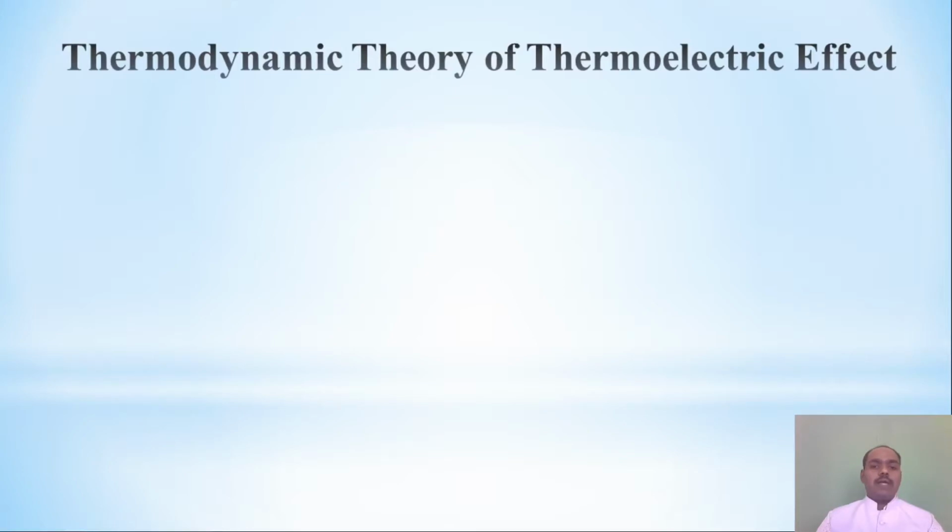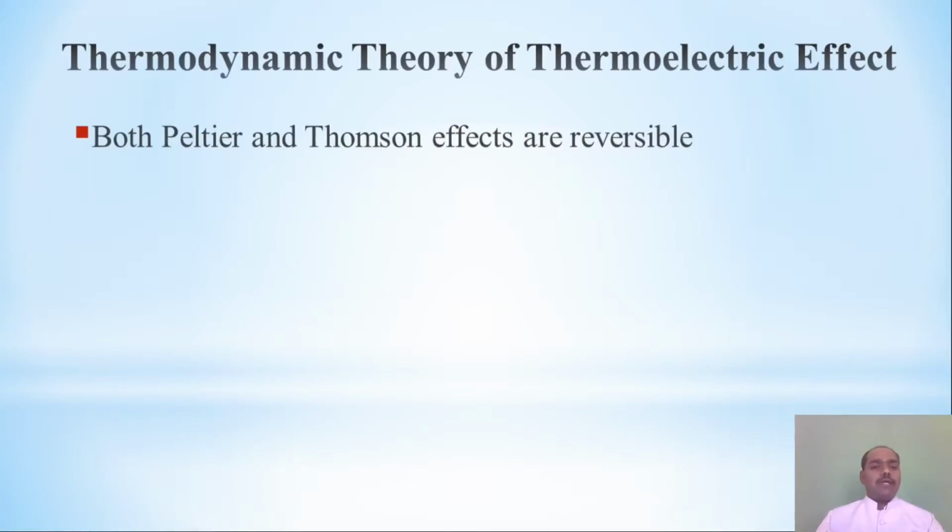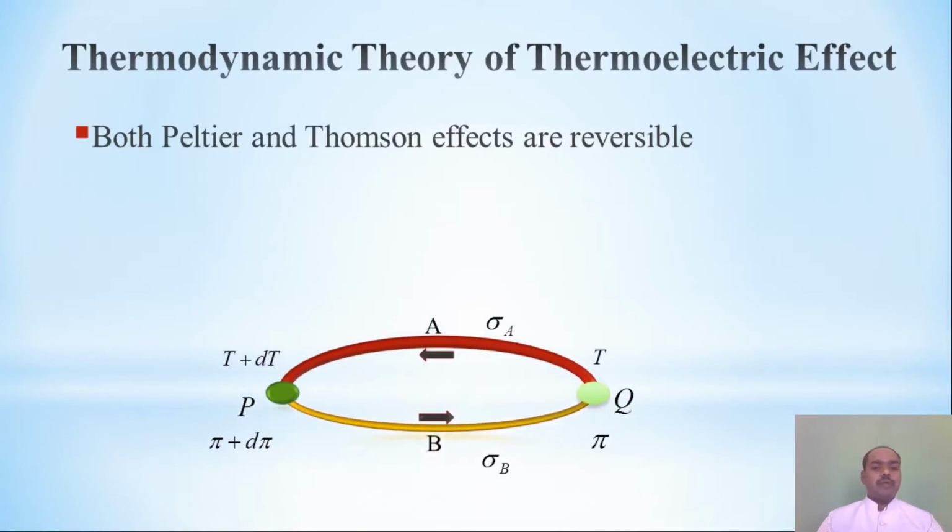Now we are applying thermodynamic theory to understand thermocouple or thermoelectric effects. We have seen that both Peltier effect and Thomson effect are reversible processes. Let us look at this picture.